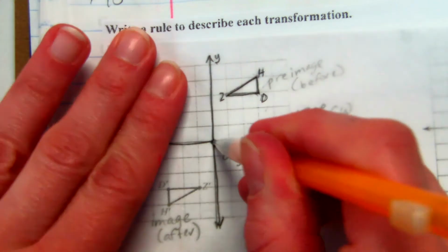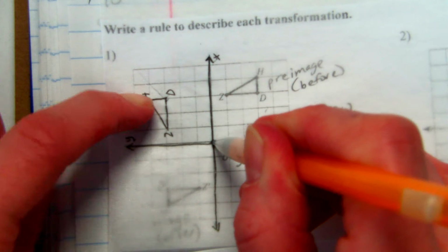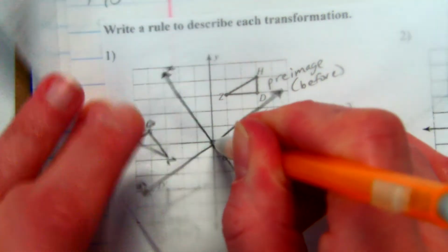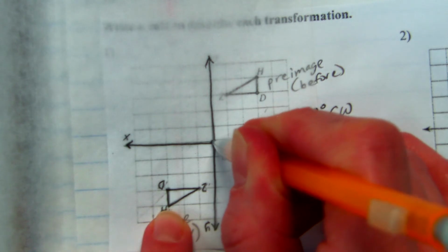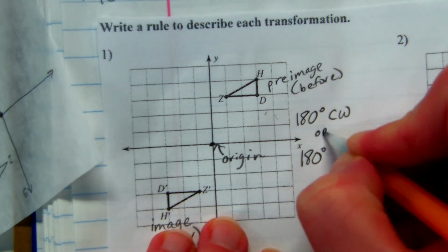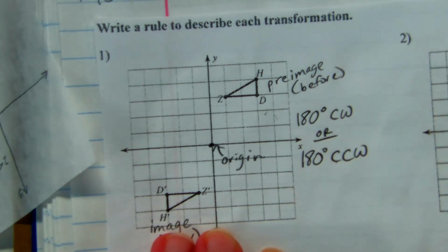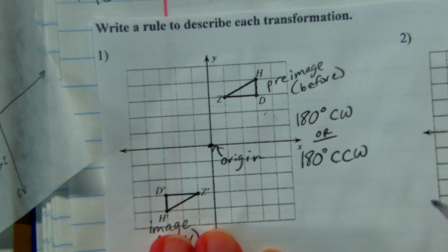So if I'm going counterclockwise, if I went 90 degrees, it would be over here in the second quadrant. If I go 180, it's down here. 180 is sort of a special thing because you're going to end up in the same place whether you go clockwise or counterclockwise. So 180 clockwise or 180 counterclockwise, I just put 2 C's and a W, are both correct answers.